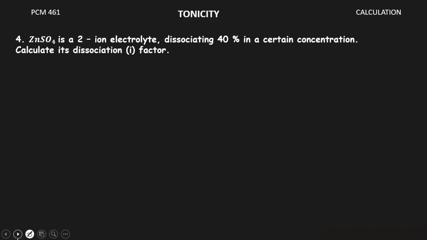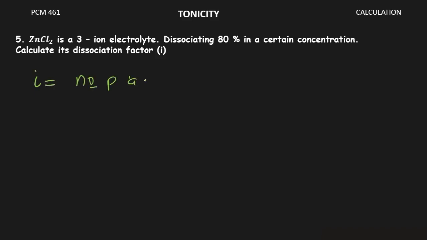Now the next one, this is still the same question. Zinc chloride is a 3-ion electrolyte dissociating 80% in a certain concentration. Calculate its dissociation factor. Dissociation factor is number of particles after dissociation divided by number of particles before dissociation.